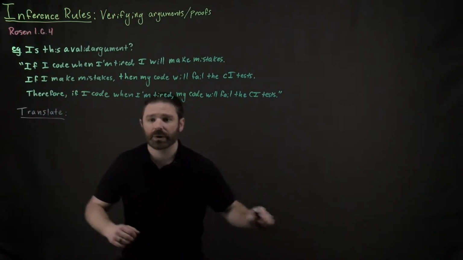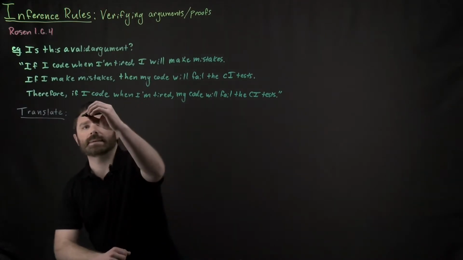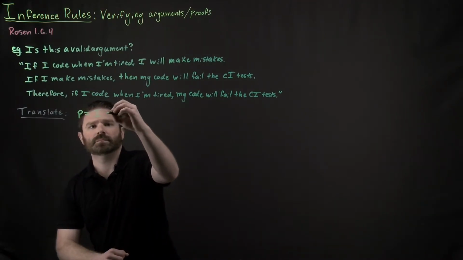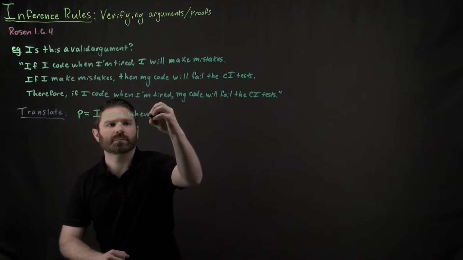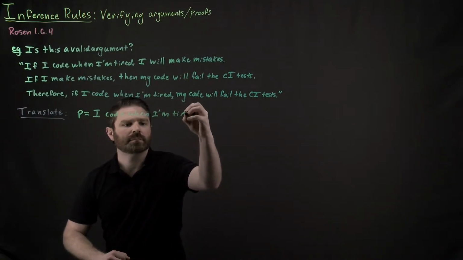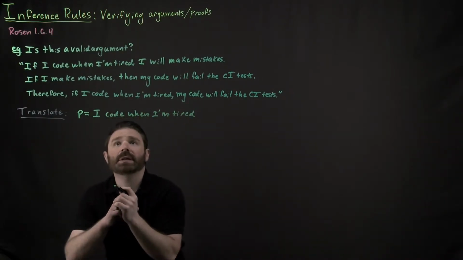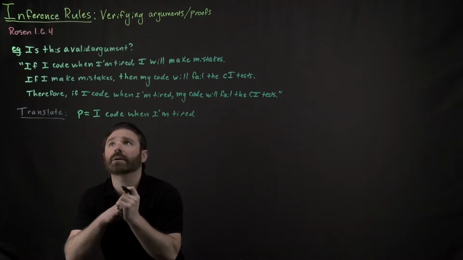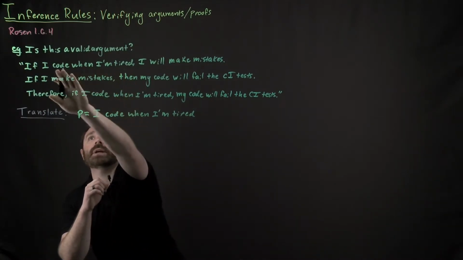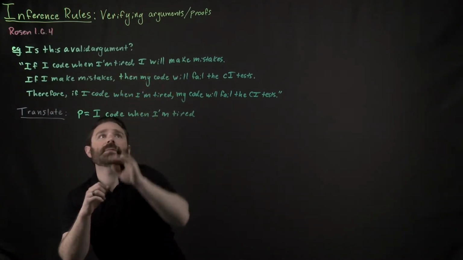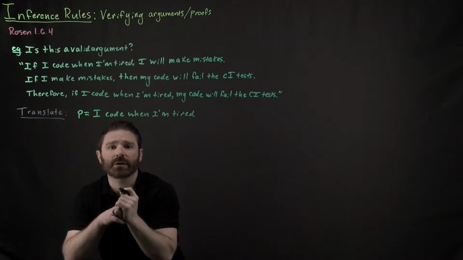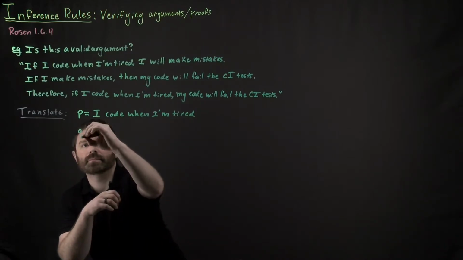So in this particular translation, I'm going to let P be the proposition I code when I'm tired, because I see that right here between an if statement right here, so I know that it's a good candidate to be one of my propositional variables.